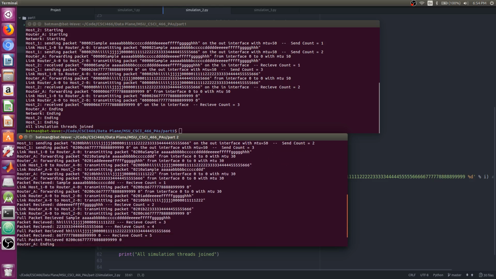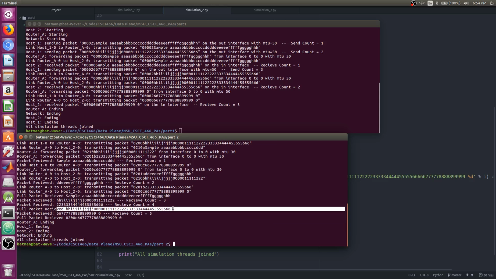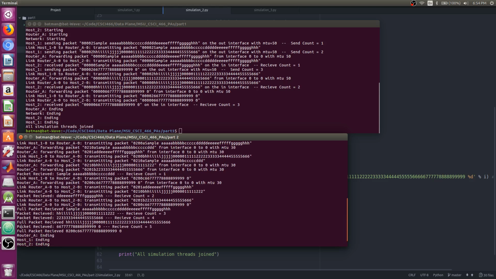And then down here, it receives the full packet and reconstructs those 2 strings back together to be 50 characters again. And then here's the other full packet received that it does with the second half of the message. It does the same thing, so it gets the 2 pieces there, and then the last packet was less than 30, so it did not get broken up.